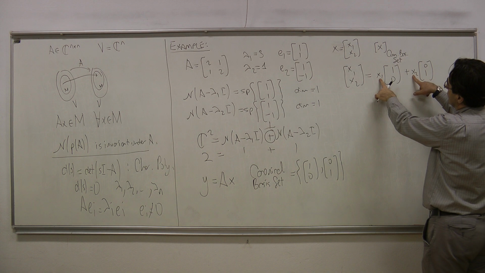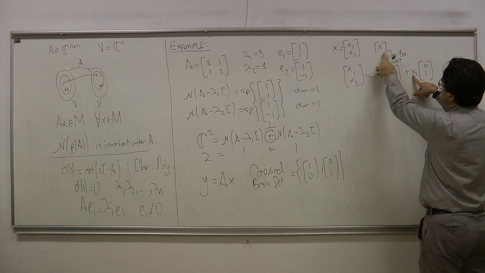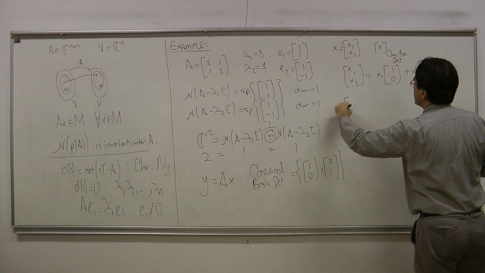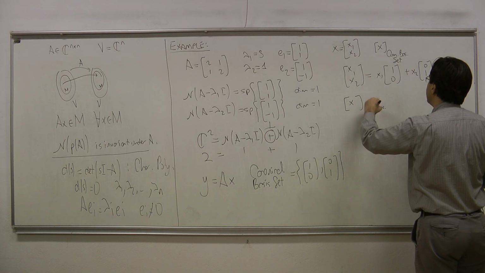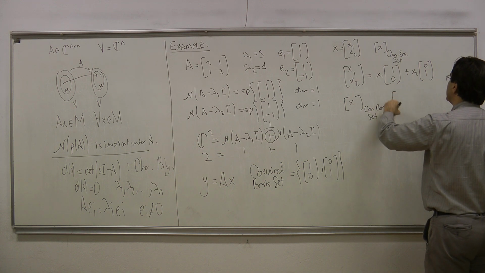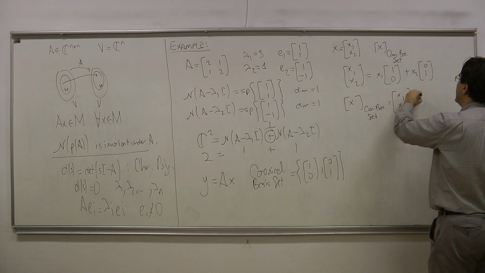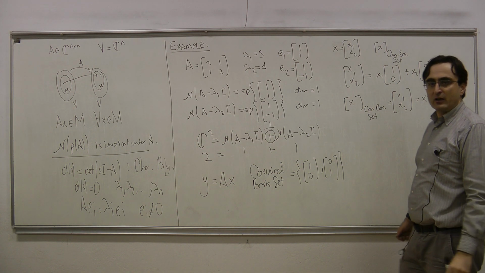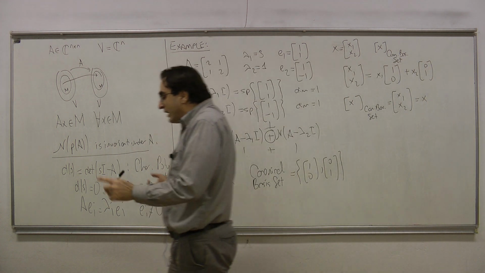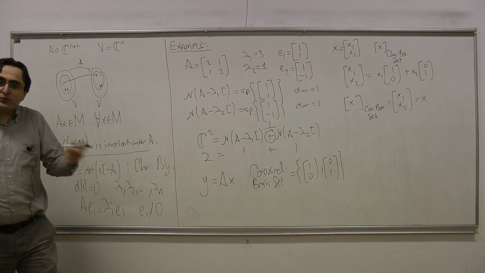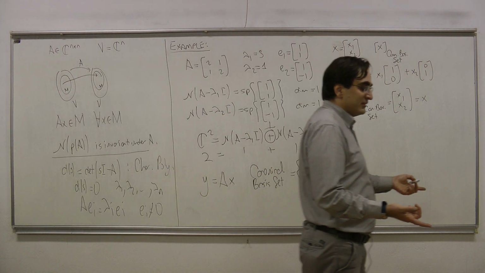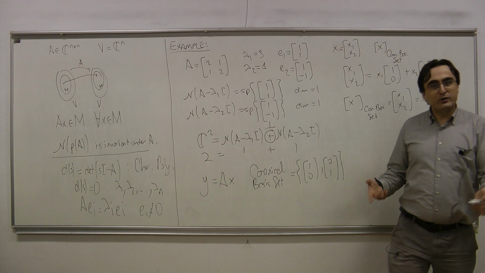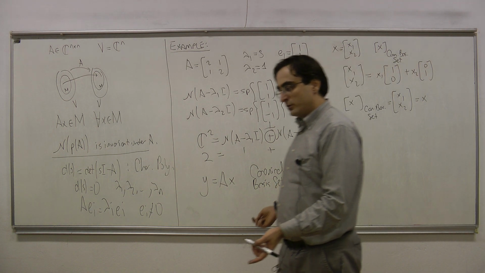And these coefficients would give us the representation of x with respect to the canonical basis set. Okay? X with respect to the canonical basis set is equal to x1, x2. But this is x itself. Okay? So as a result, we see that each vector in C2 is equal to its representation with respect to the canonical basis set in C2.